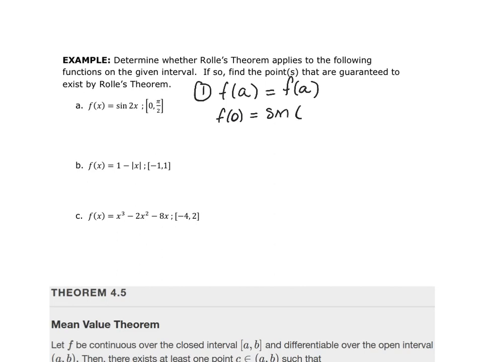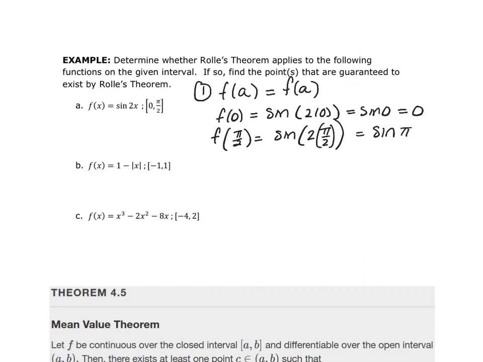So that is the sine of 2 times 0, which is the sine of 0, which does equal 0. Then I have to do the other side, so my b part, f of pi over 2, is equal to the sine of 2 times pi over 2, which is equal to the sine of pi, which also equals 0. So the fact that the left side equals the right side is confirmed.